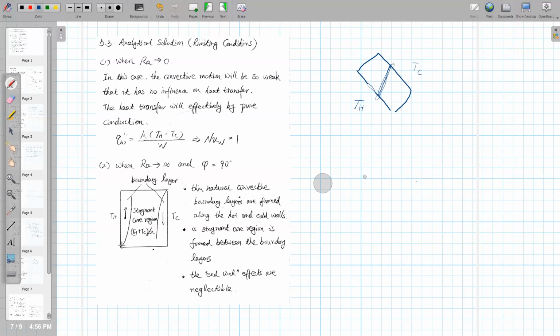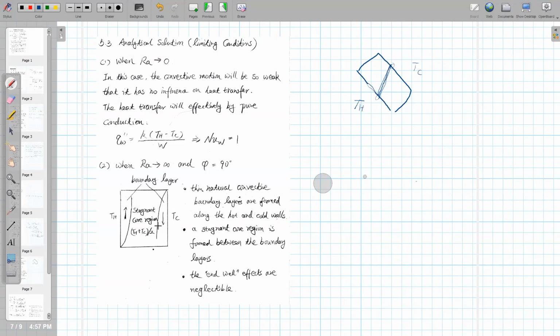From our previous external natural convection case around a vertical plate, we can assume that a natural convective boundary layer forms around the left wall, and also a natural convective boundary layer forms close to the wall on the right. On the left, the flow is going up because it is heated by the wall, and on the right, the flow is going down because it is cooled down by the wall.